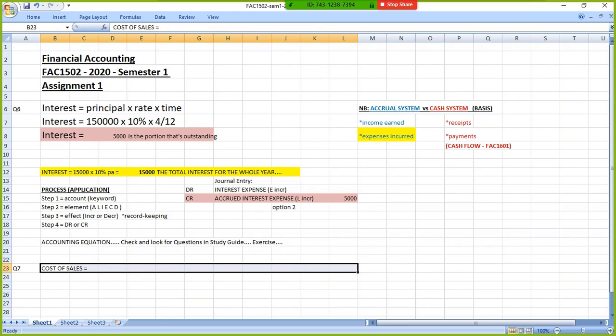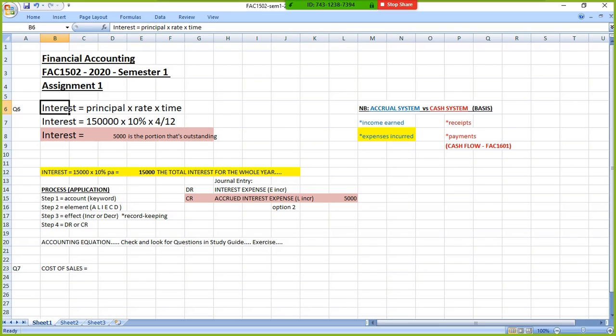Do I need this formula? I need it, there it is, I can use it. So try use that in your exam because it's an open book test. You can have notes with you, you can have summaries with you. So I would definitely create a separate page for all the equations. Any equation that they've covered in FAC1502, I'm going to write it on that page.